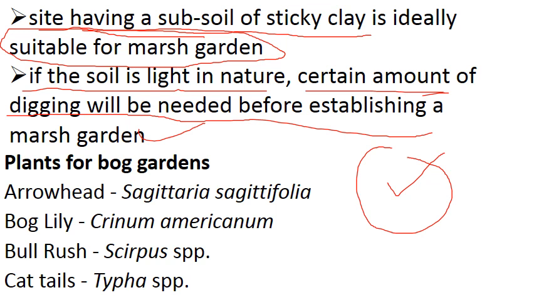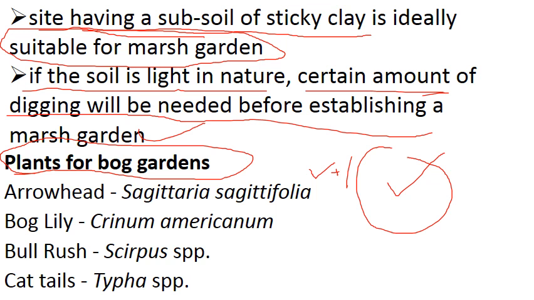So which plants are suitable for bog garden? I already told in many garden slides that garden means two things: soil media plus plants. Here bog garden means marshy area plus plants. We already discussed area, site condition and the nature of soil.